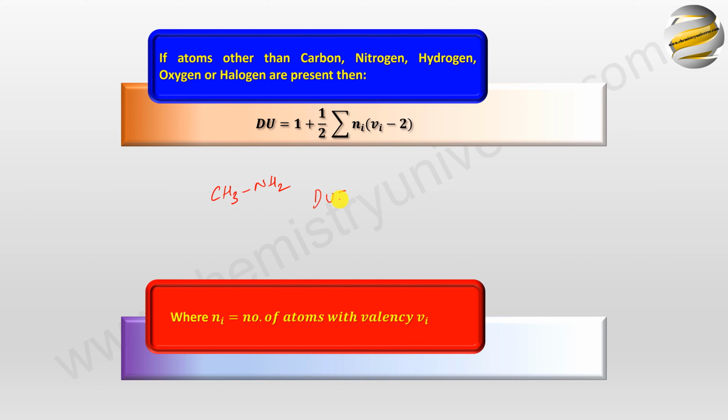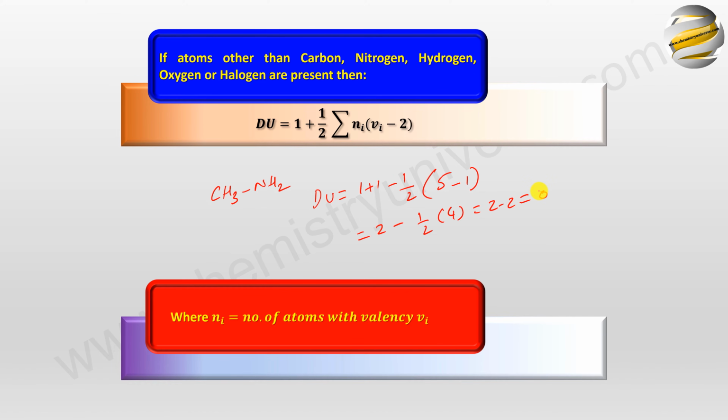If I calculate using the earlier formula: carbon is 1, so 1 plus 1, minus half of the number of hydrogens, that is 5, no halogens, minus nitrogen, which is 1. So this is 2 minus half of 4, which is 2 minus 2, which is 0.